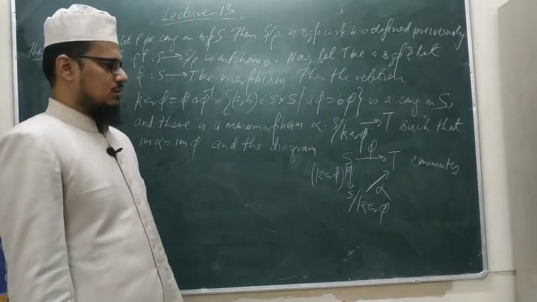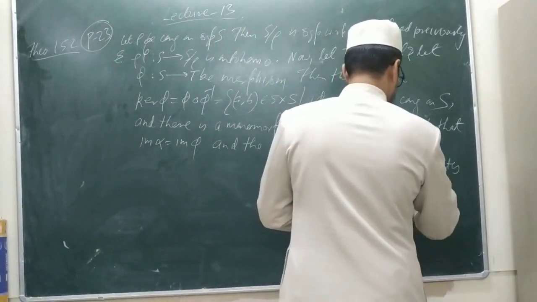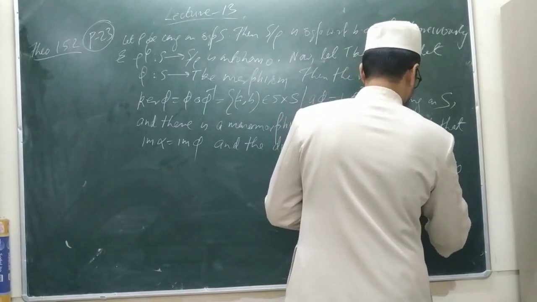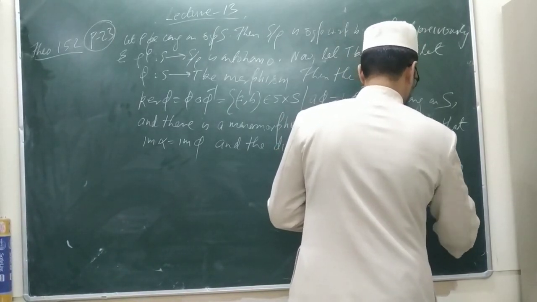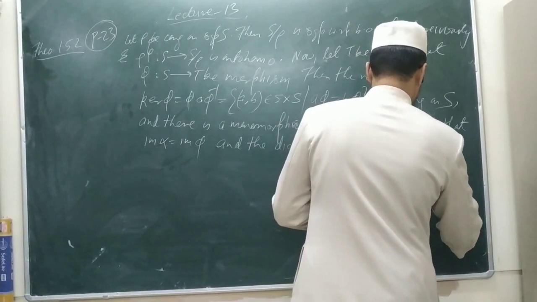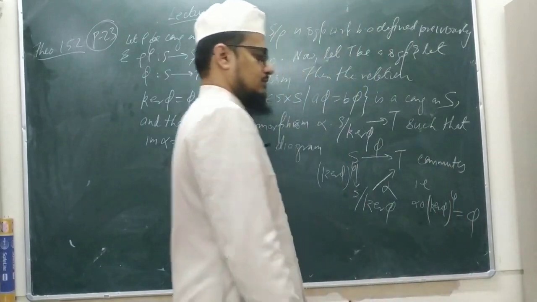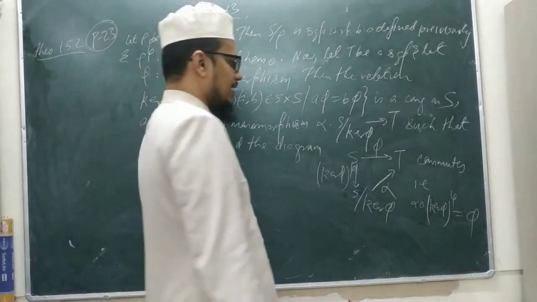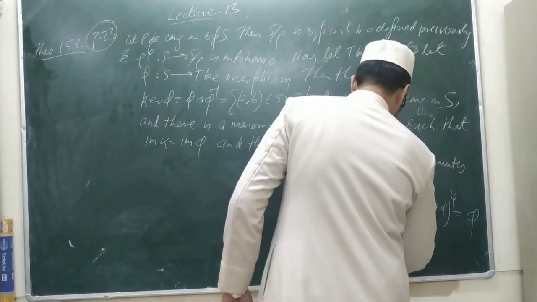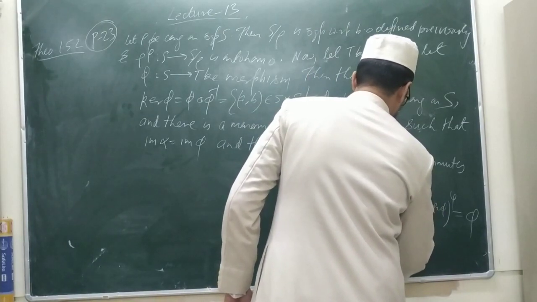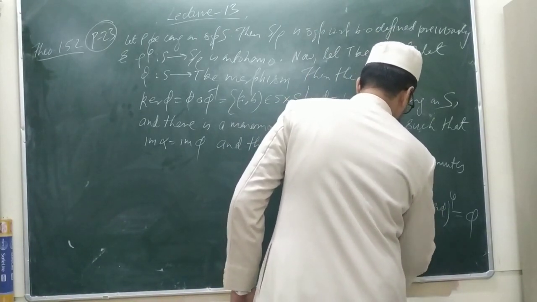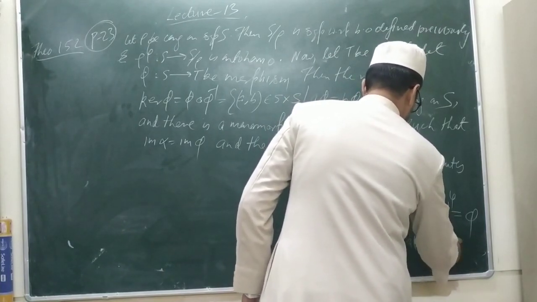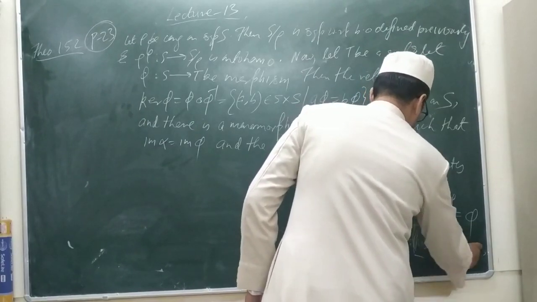commutes. Commutes means that you have to prove alpha composed with kernel phi natural is equal to phi, isn't it? But basically we are taking elements on the left side of the map, so we have to prove that for every A belonging to S, A kernel phi natural alpha is equal to A phi.